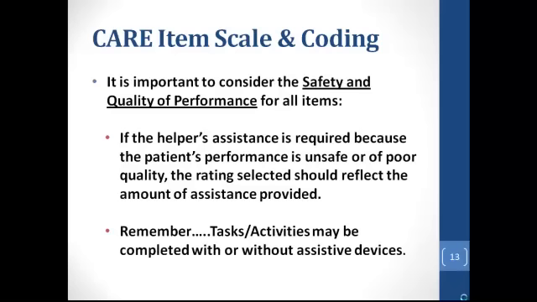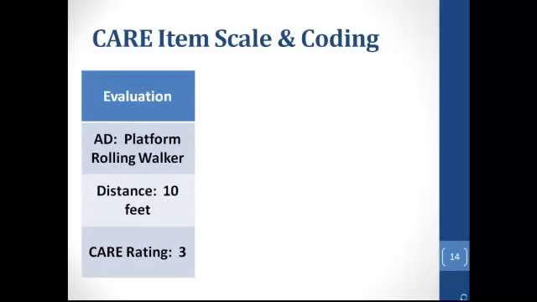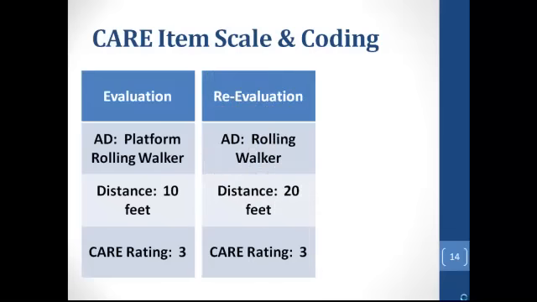And it's also important to keep in mind that tasks and activities may be completed with or without assistive devices. So, for example, at evaluation, a patient may require a platform walker to ambulate due to a fractured right wrist and left tibia. The patient requires less than 50% assistance to ambulate 10 feet safely. At reevaluation, the same patient advances to a rolling walker with ambulation after being allowed weight bearing through the wrist.